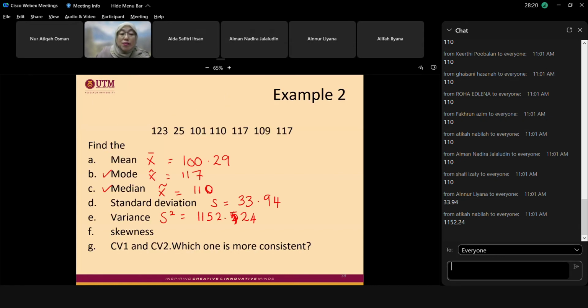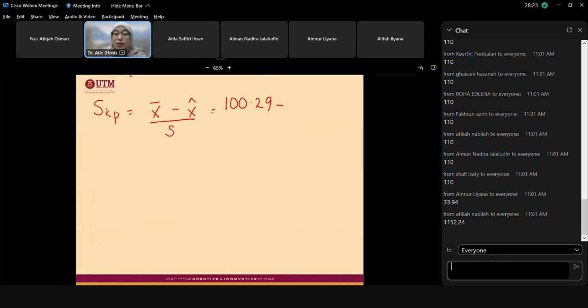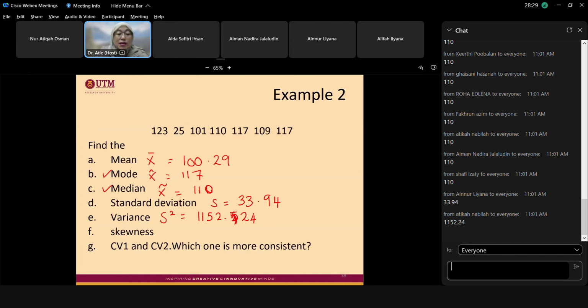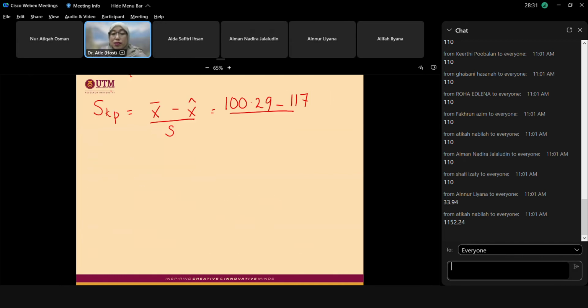Our mode is 117, and divided by our S. Our S is 33.94. Once you get the values, you just calculate and you will get the answer.